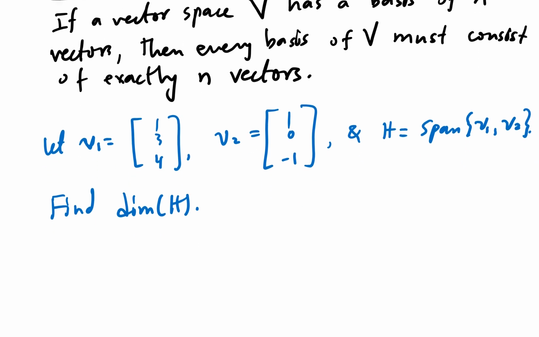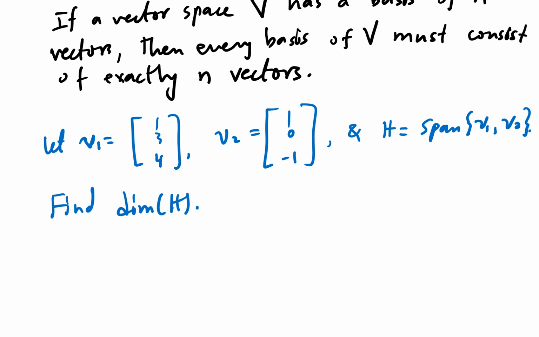For the meantime, what we can do is, by inspection, look at these two vectors and ask: can you tell if one of them is a multiple of the other? I don't see that. I don't see that v1 is a multiple of v2 or v2 is a multiple of v1. That's by inspection.